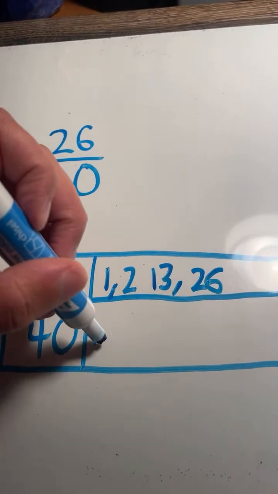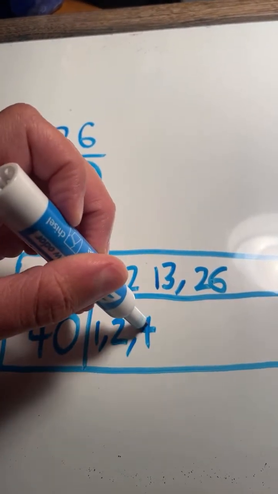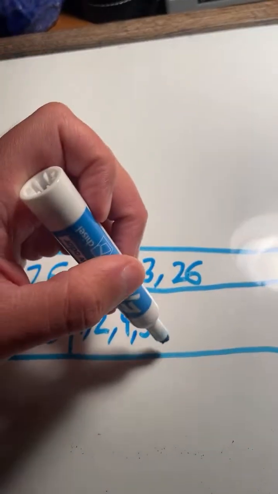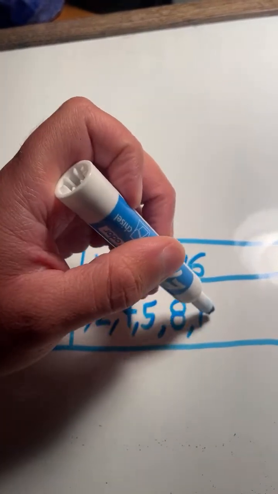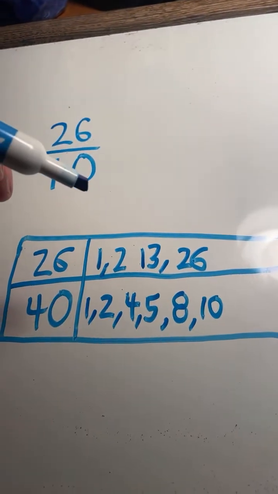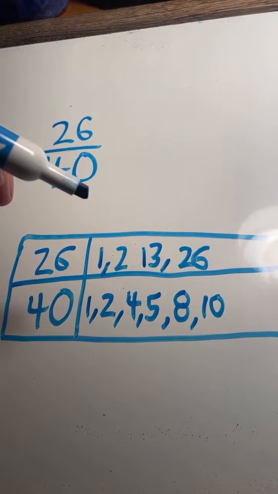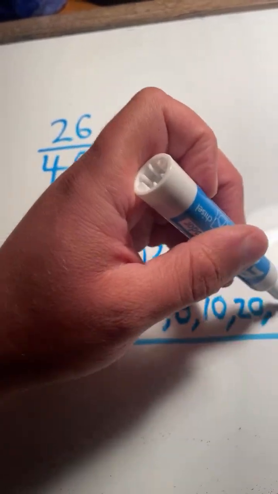Factors of 40, we have 1, we have 2, we have 4, we have 5, we have 8, we have 10, we have 20, and we have 40.